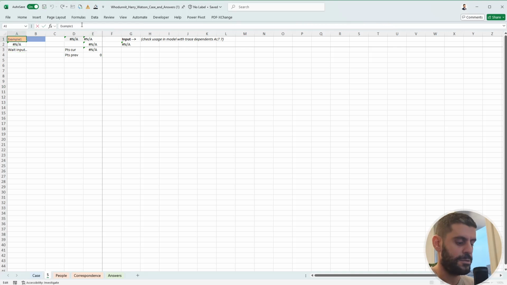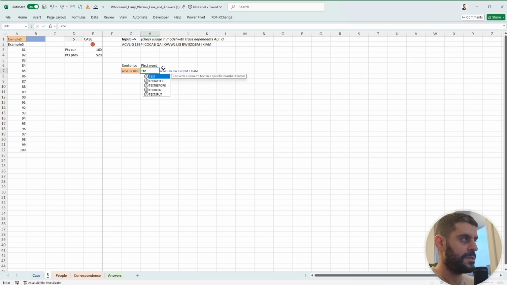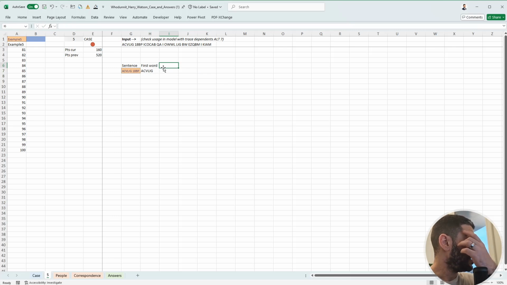Let's see. So example 5. Okay, so the sentence is this one. Input. So the first word is the text before the first space.